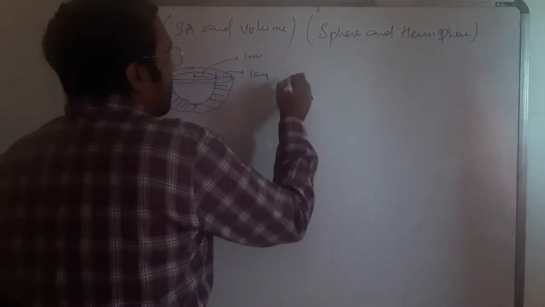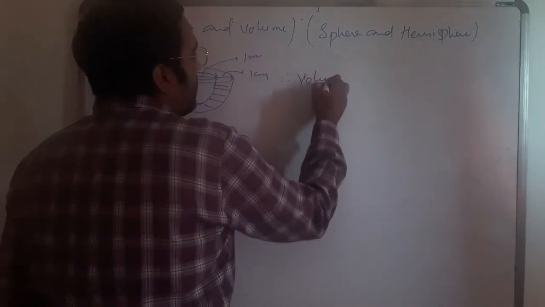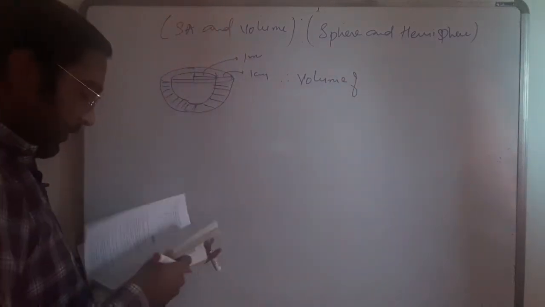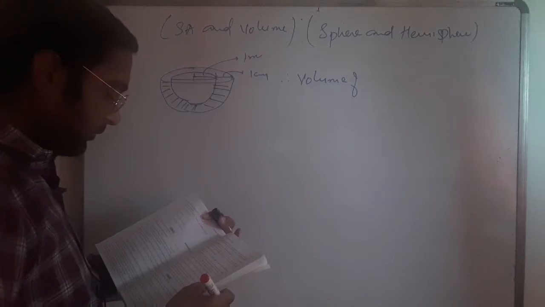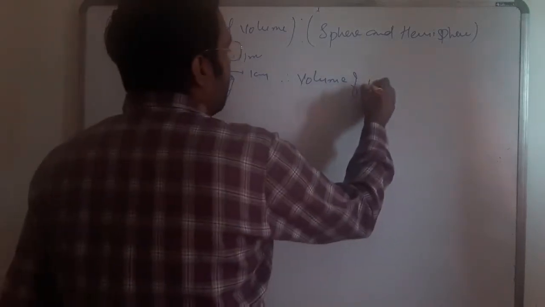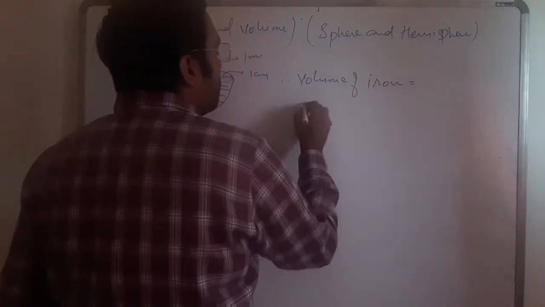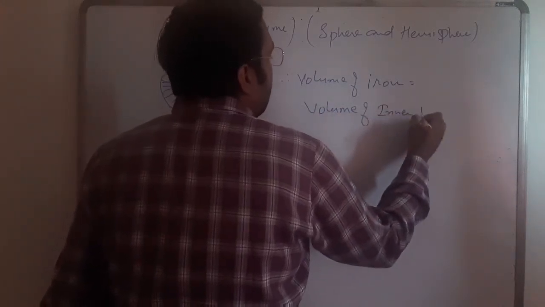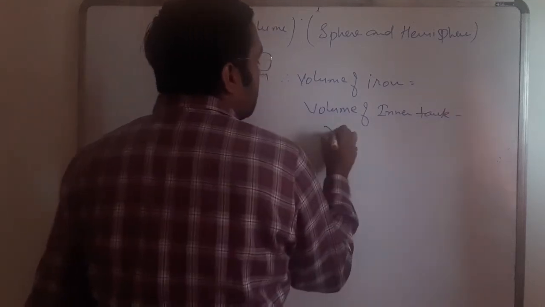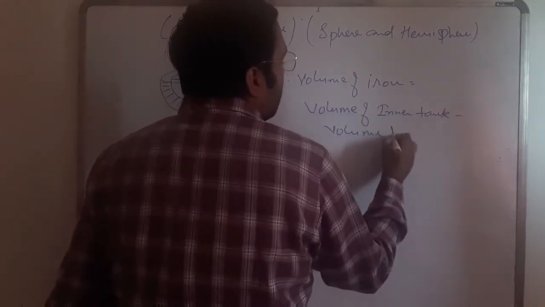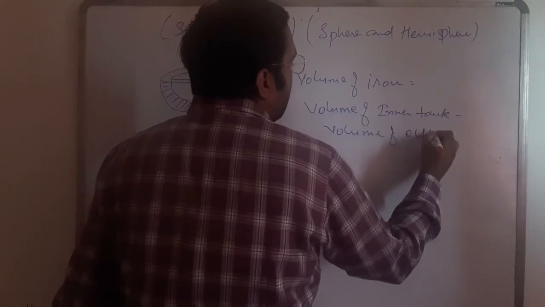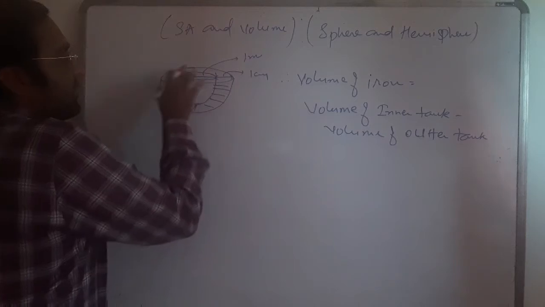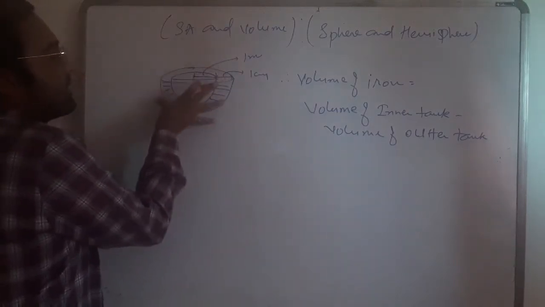For that, volume of iron is equal to volume of outer tank minus volume of inner tank. There are two tanks in this formation, one is the inner part and the second is the outer part.